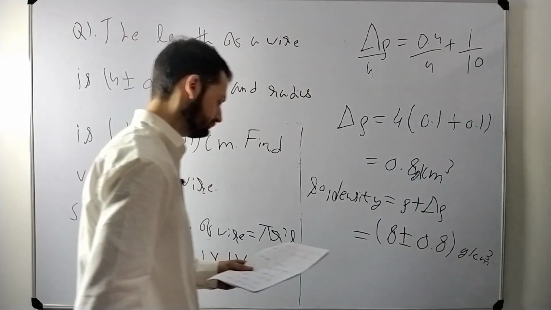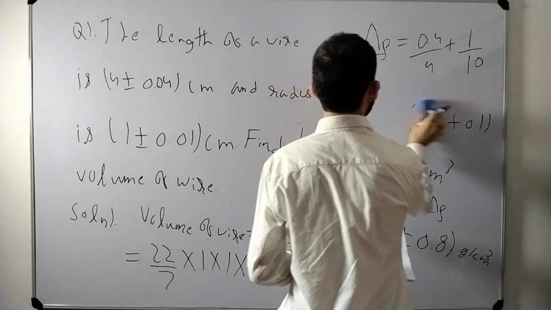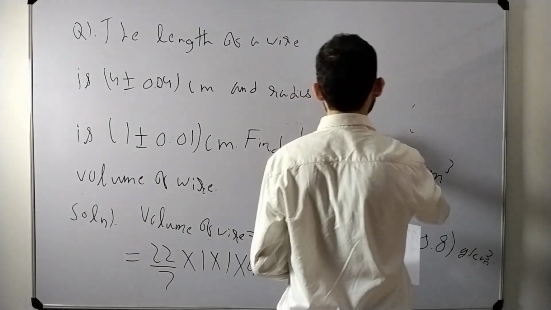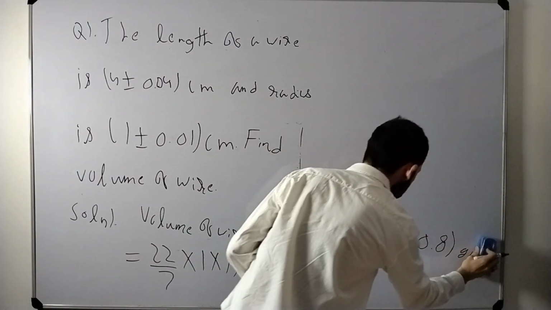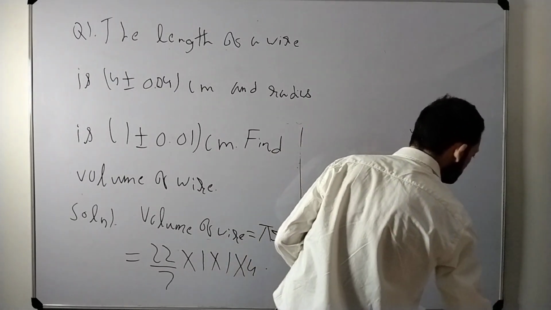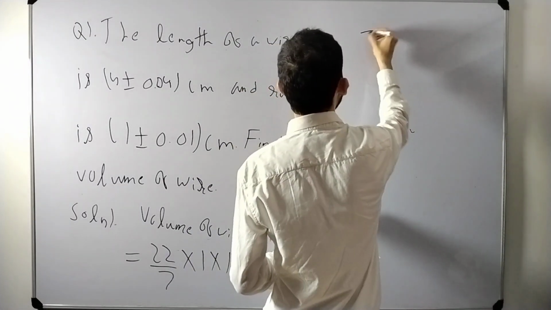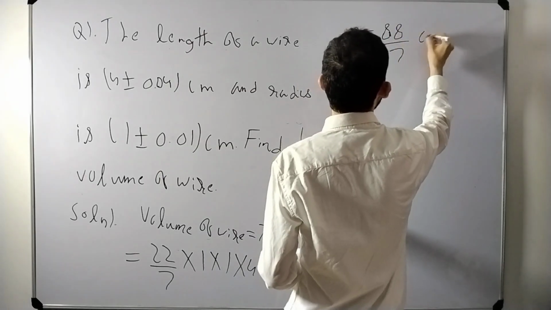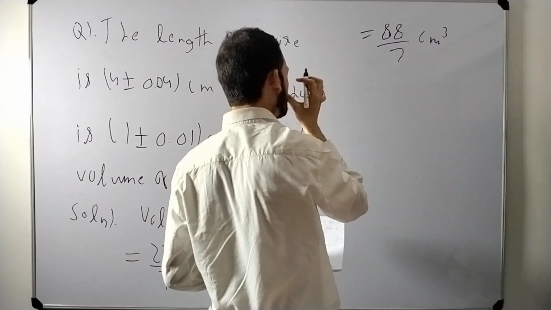So you calculate, this makes volume 88 by 7 centimeter cube.